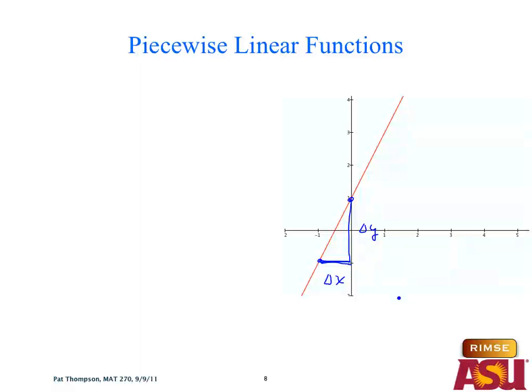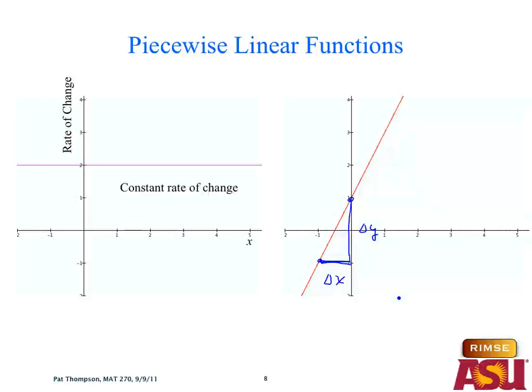Okay, other ideas? If we graphed on our vertical axis, instead of y values, the rate of change, how would we graph a constant rate of change of 2? Carter? Horizontal line y equals 2. You want this horizontal line at y equals 2.